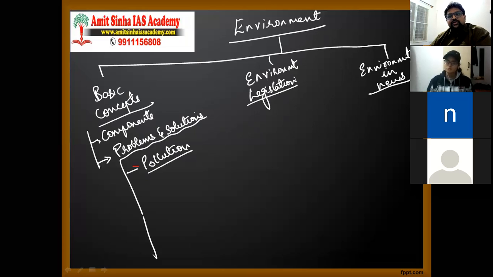They'll ask which is the source of sulfur dioxide. After that come nitrous oxide, carbon monoxide, carbon dioxide, particulate matter, aerosols: where they are, what the sources and impacts are. All of that comes under air pollution.